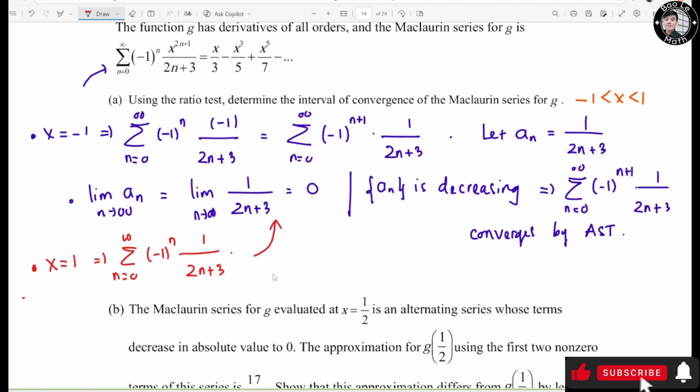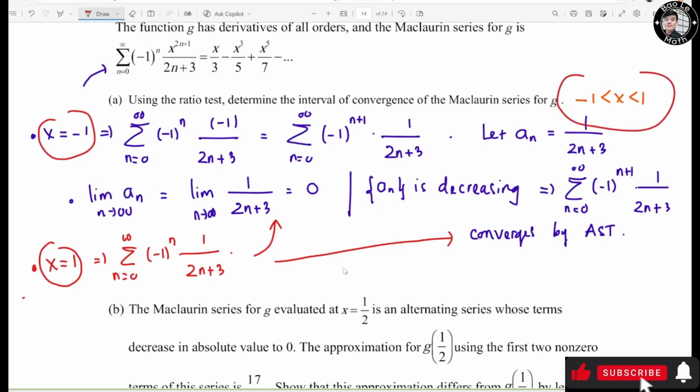So you can conclude that the series converges by the alternating series test. So finally, combining s equals 1 and s equals negative 1 with the interval, the answer should be negative 1 less than or equal to s less than or equal to 1.